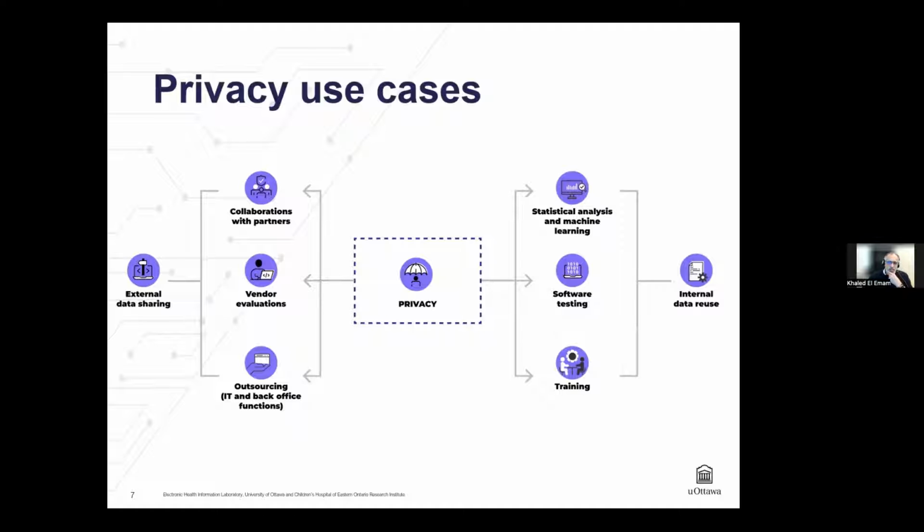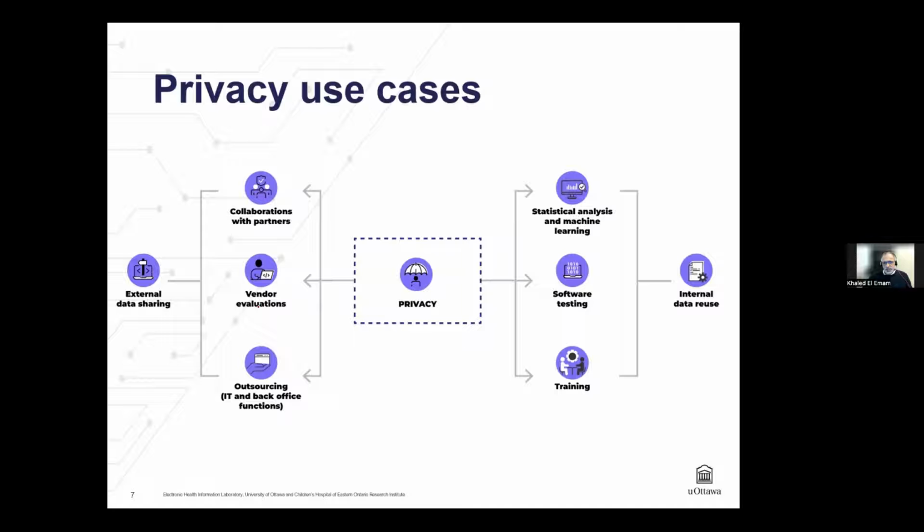So one of the big use cases, as I alluded to earlier on, relates to privacy. Synthetic data can protect the privacy of individuals for internal data sharing, external data sharing, and internal data reuse. So the use cases we've seen for external are collaborations with partners. So you share data with collaborators, whether it's in academia, government, or industry.